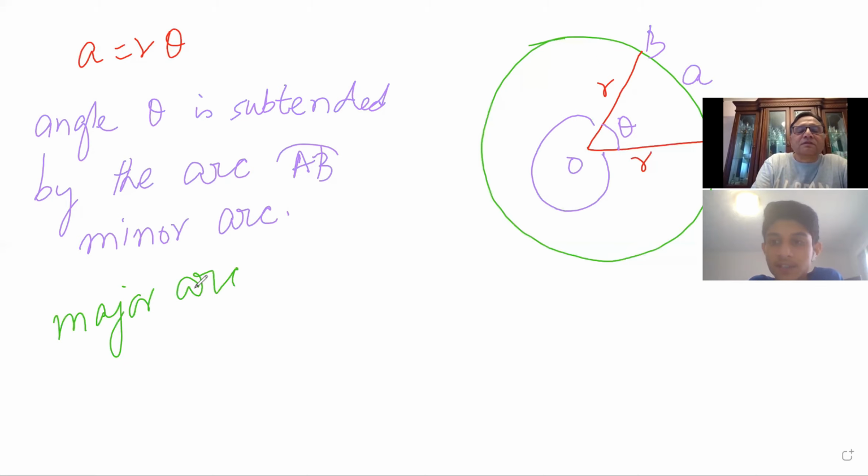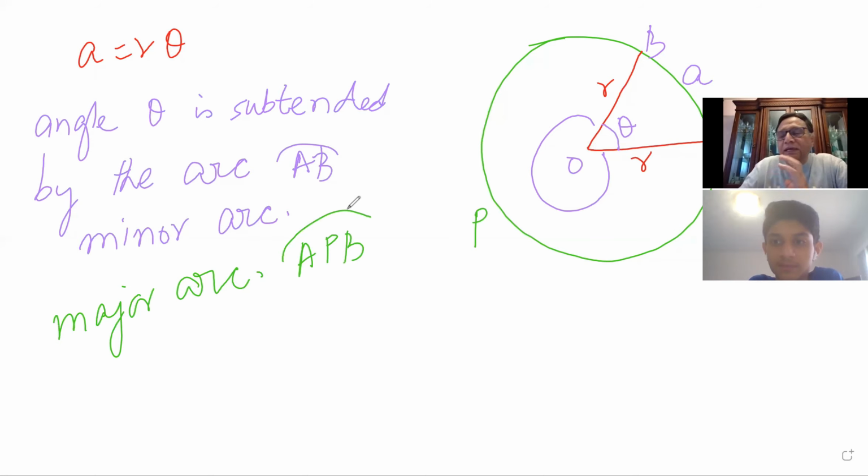Sir, is it similar to the related acute angle, something like that? No, not really. Related acute angle you learn for measuring angles for triangles. So let's say this is the full circle, circumference, and the rest of the arc. Let me make a point here, let us say a point P. So we will write the major arc as APB. That will mean a major arc.